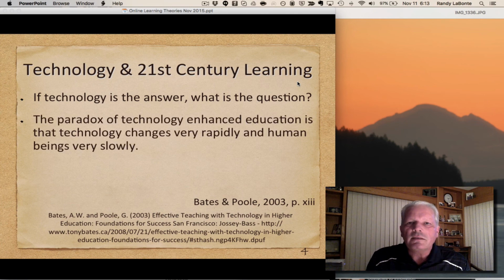The problem is that people are quick to adopt technology, but it changes all the time. I think back to my first days of working online and the sweet sound of a 28K modem dialing up to connect to the internet. My teaching style really hasn't changed since those days, but technology certainly has.